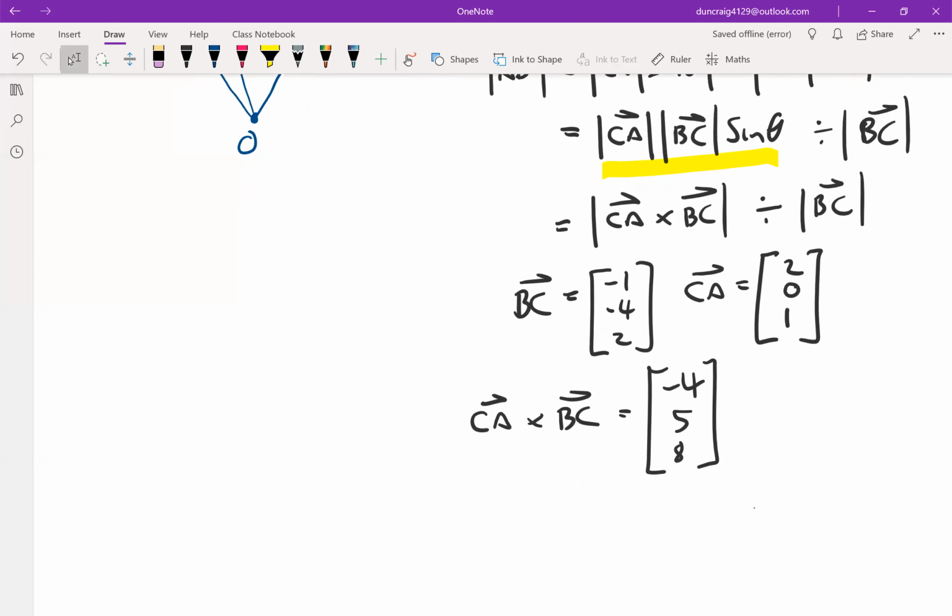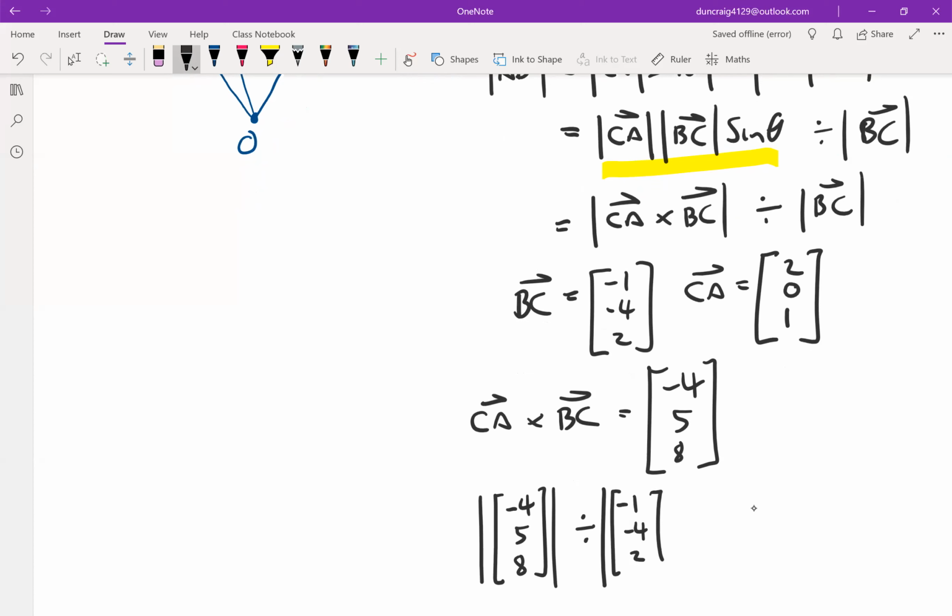So that means we find the absolute value of that. So the absolute value of -4, 5, 8 divided by the absolute value of BC, -1, -4, 2. That'll give me my distance AD.